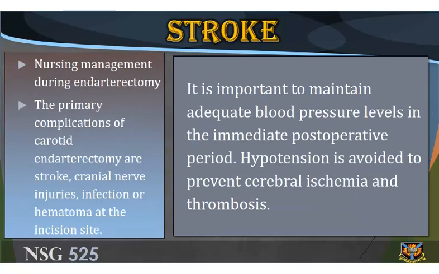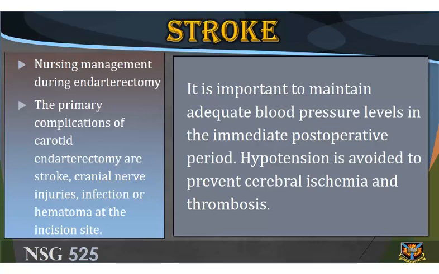Nursing management during endarterectomy. The primary complications of carotid endarterectomy are stroke, cranial nerve injuries, and infection or hematoma at the incision site. It is important to maintain adequate blood pressure levels in the immediate post-operative period. Hypotension is avoided to prevent cerebral ischemia and thrombosis.